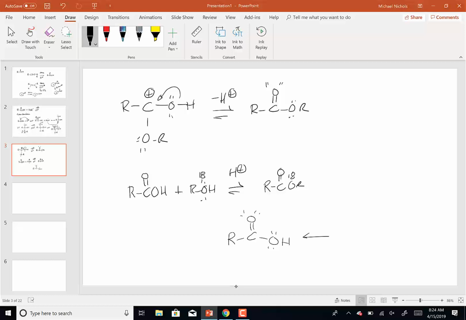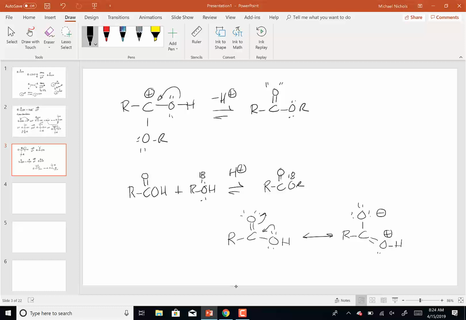I can draw two resonance structures for a carboxylic acid. I could take this pair of electrons, move here. So here is the other possible resonance structure for a carboxylic acid with a +1 charge and a -1 charge on the oxygen.